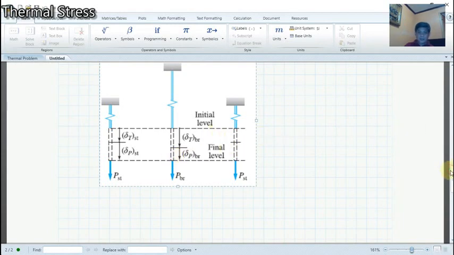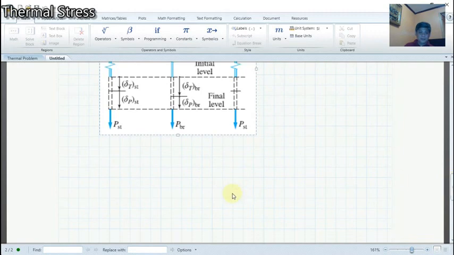Okay. So let us write now the compatibility equation.